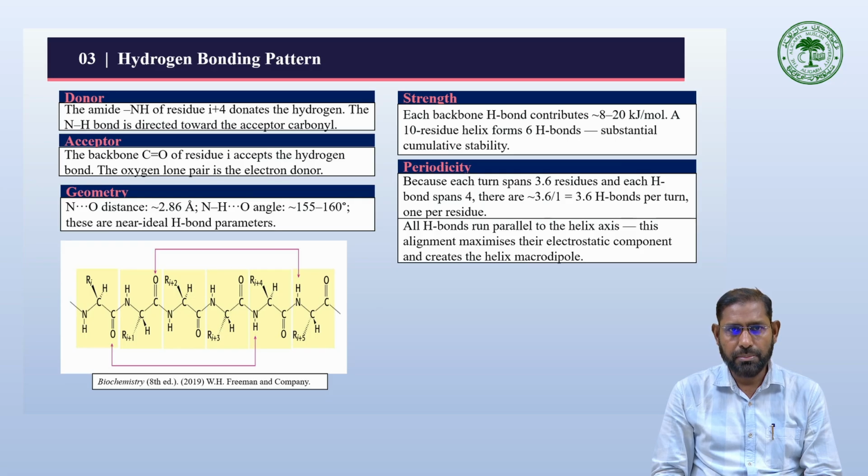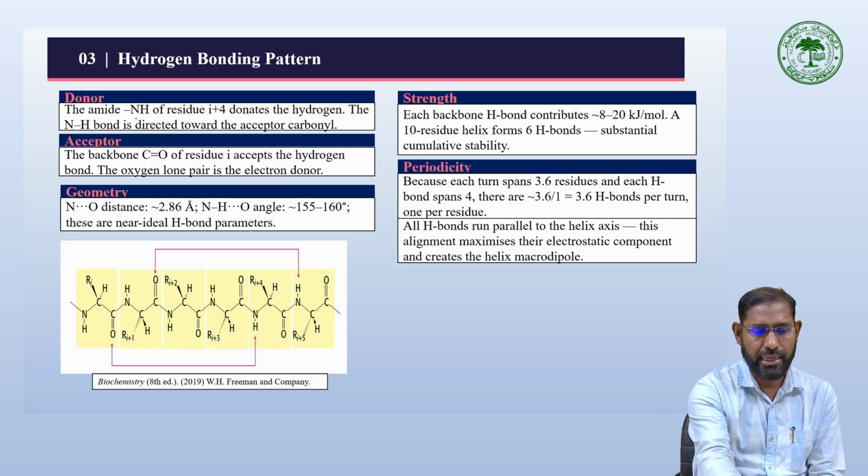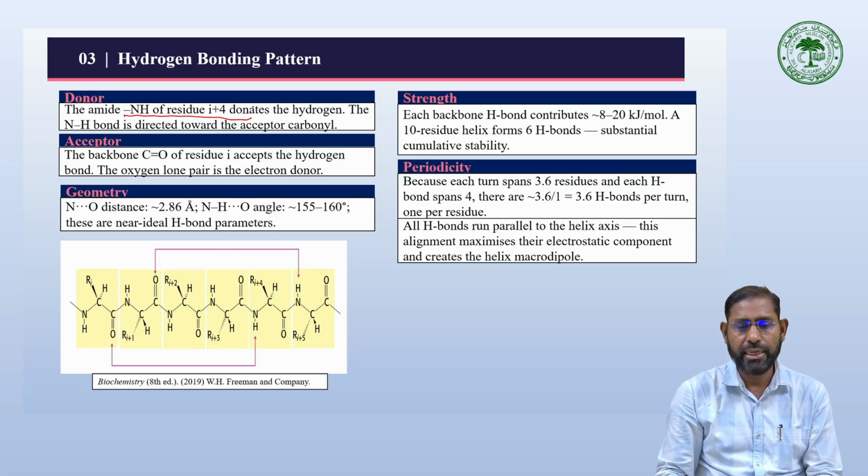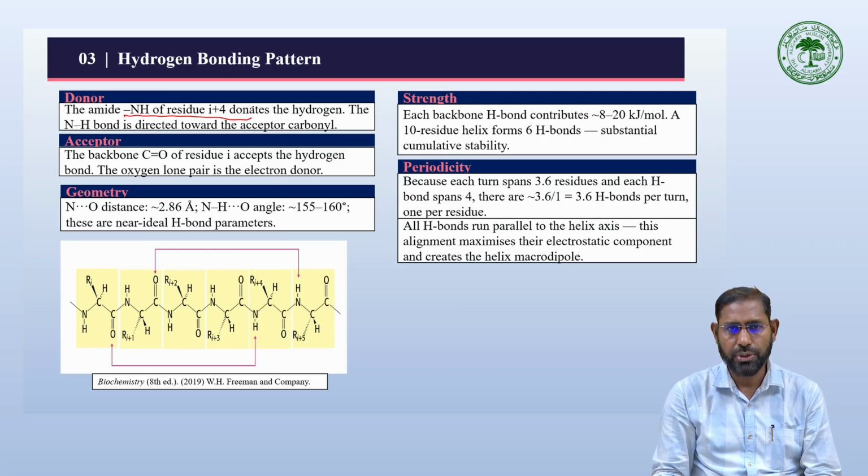Now the hydrogen bonding patterns: what are the donor and acceptor? The donor is the amide NH of residue i, which donates the hydrogen, and this NH bond is directed toward the acceptor carbonyl.